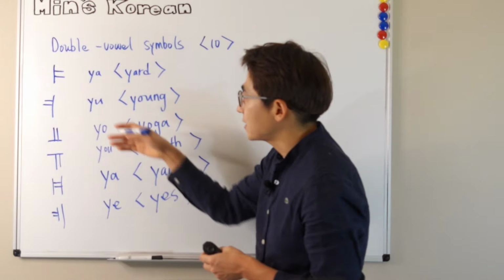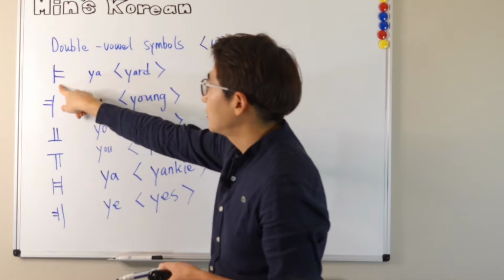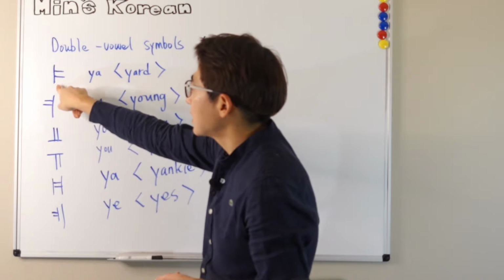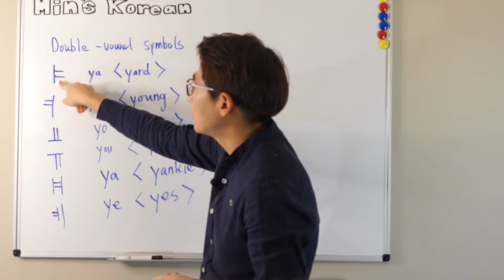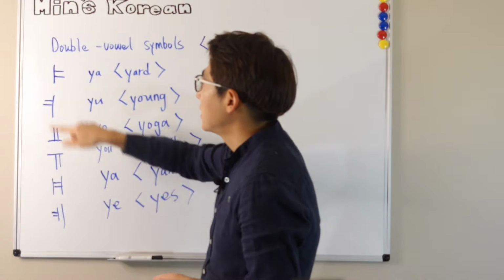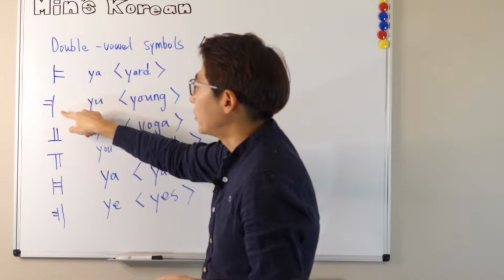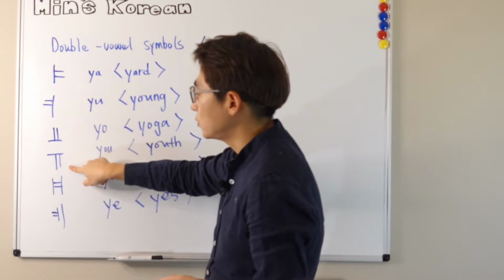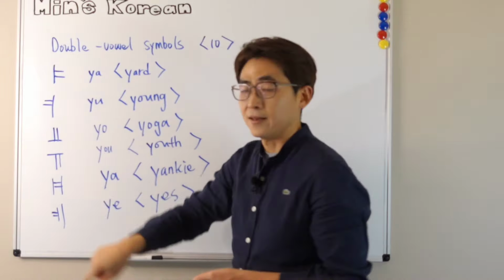So let's practice them one more time. The first one, the basic vowel was A, but just by adding one stroke, it became ya, ya, yo, yo, you, yeah, yeah.